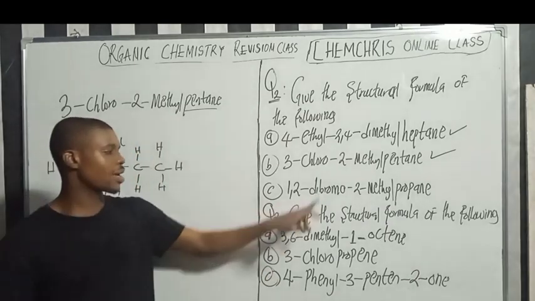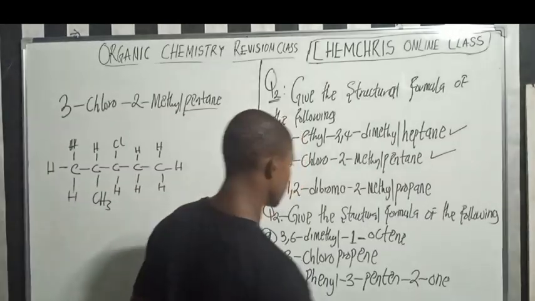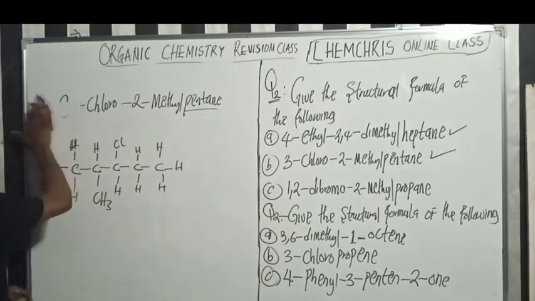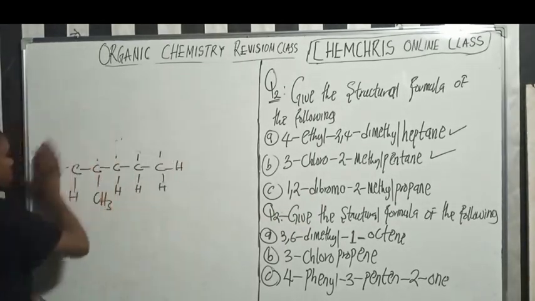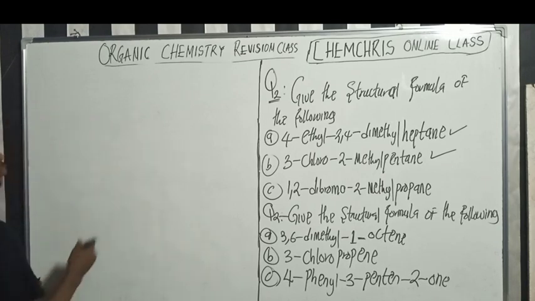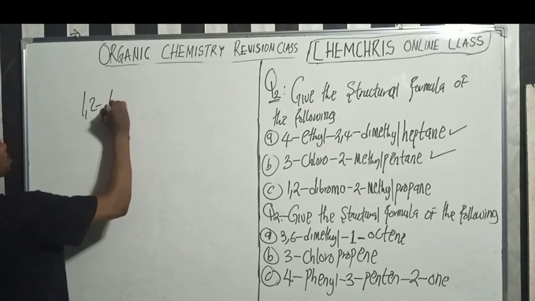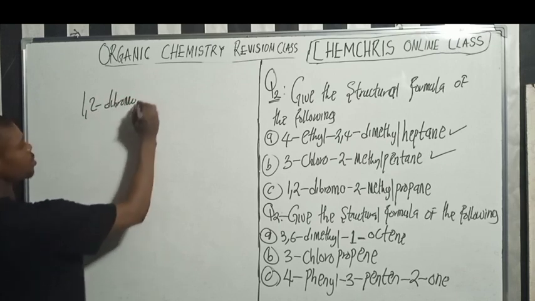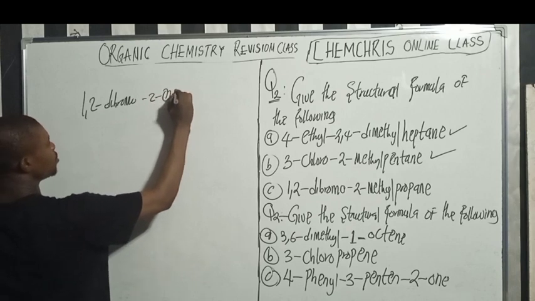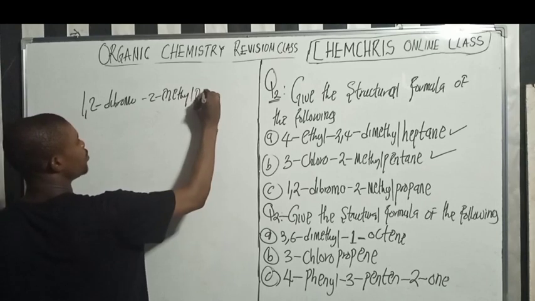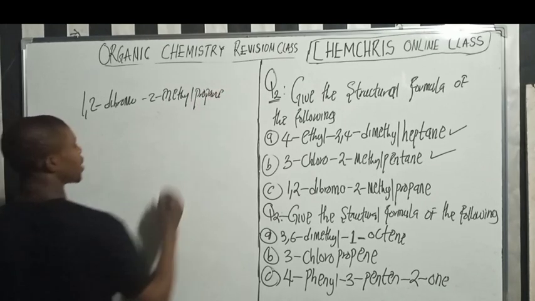So look at this one here. So we have 1,2-dibromo, then 2-methylpropane, right?